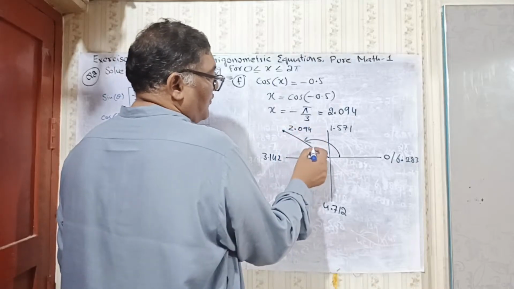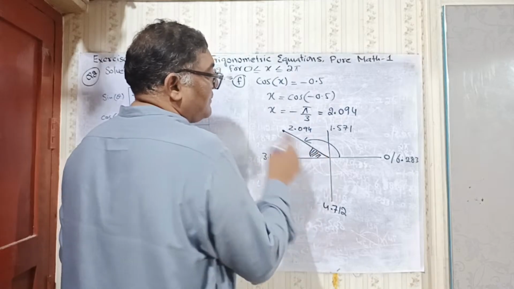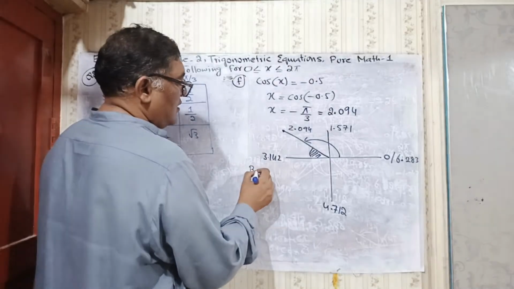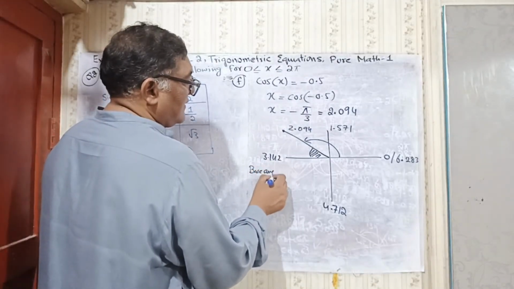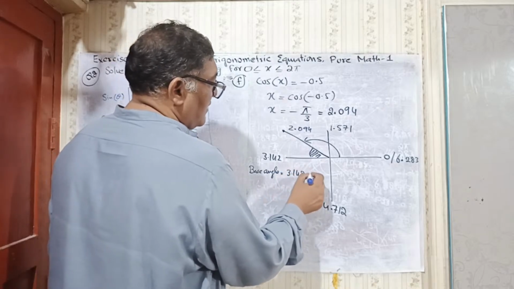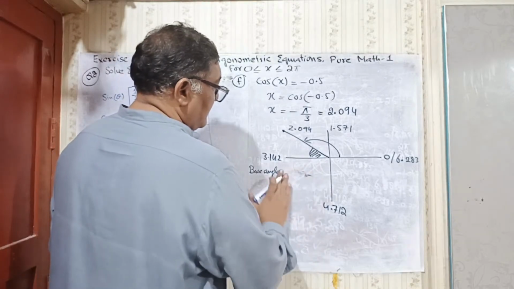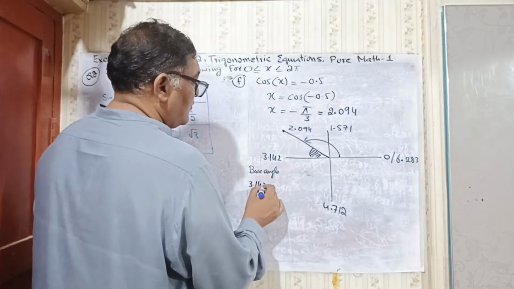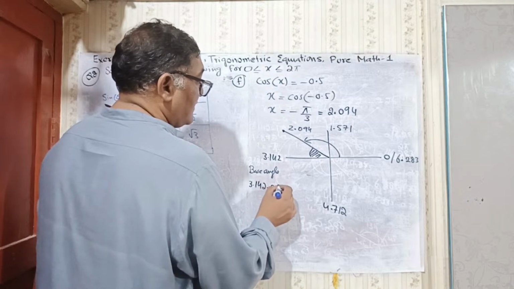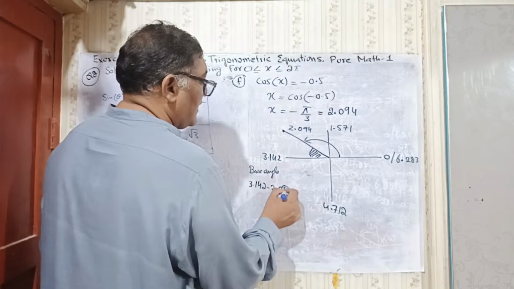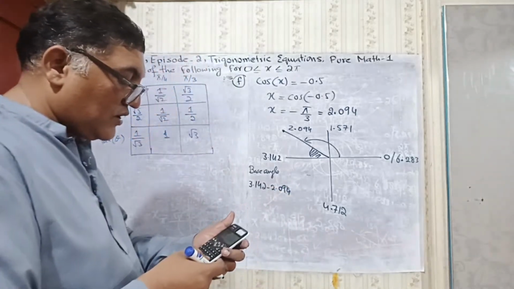So first of all, let me find out how much the base angle is. The base angle will be 3.142 minus 2.094.